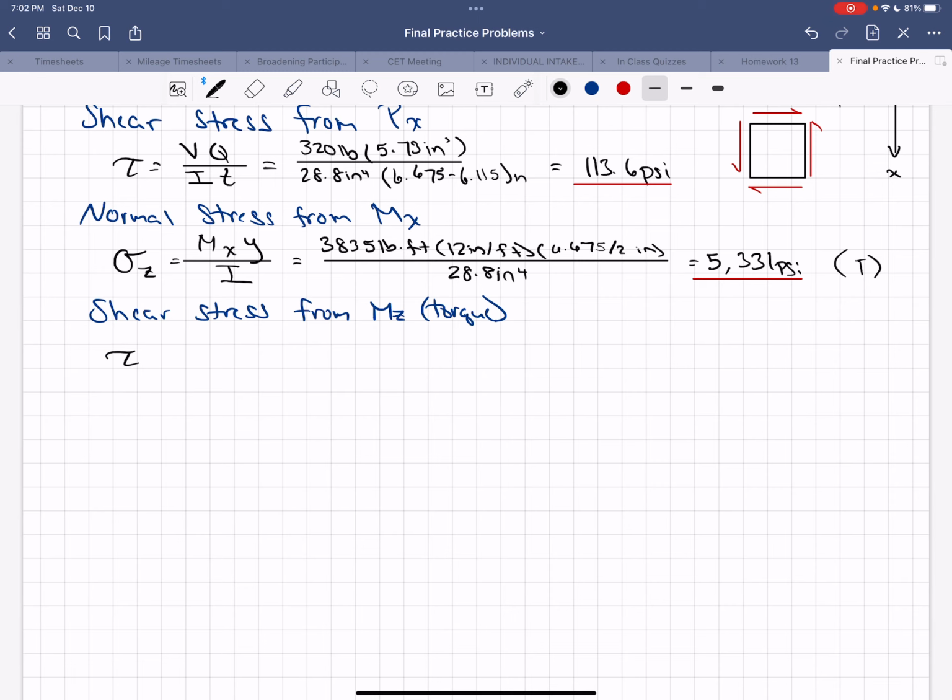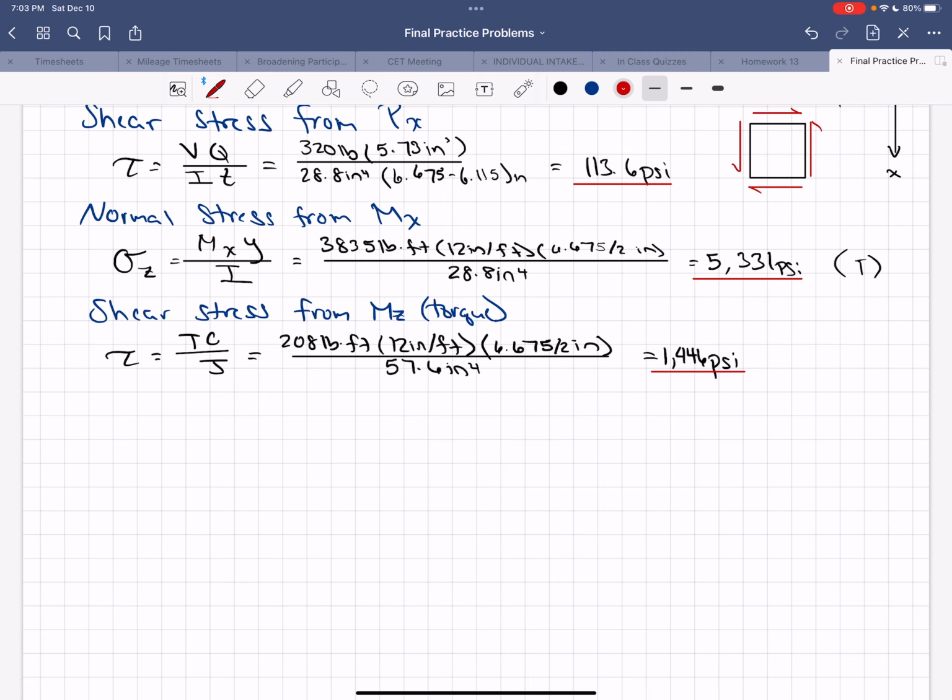So we have shear stress equals the torque, or MZ, times C is the radius, all over J. So we have 2,080 pound-feet times 12 inches per foot times 6.675 over 2 inches, all over J, 57.6 inches to the fourth, and we get a shear stress here, 1,446 psi.